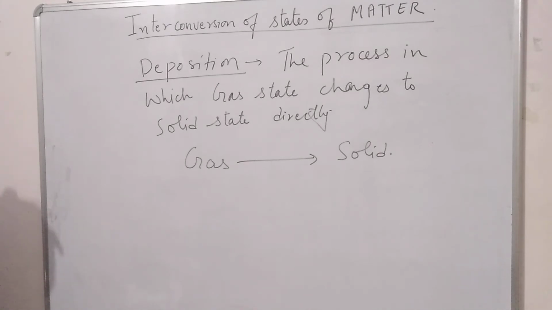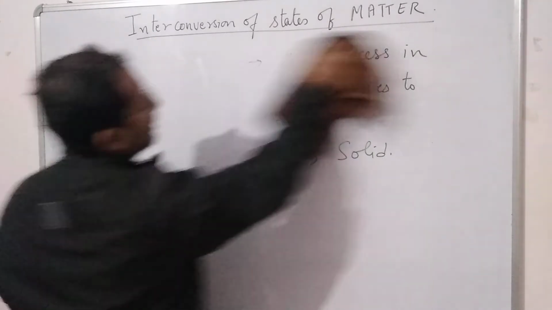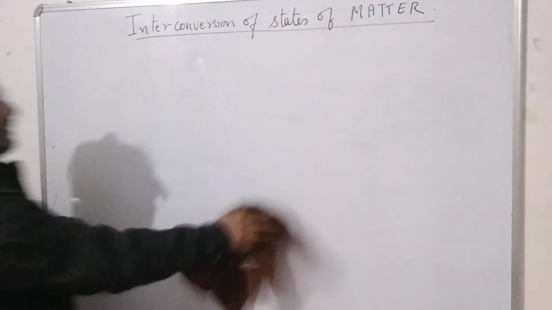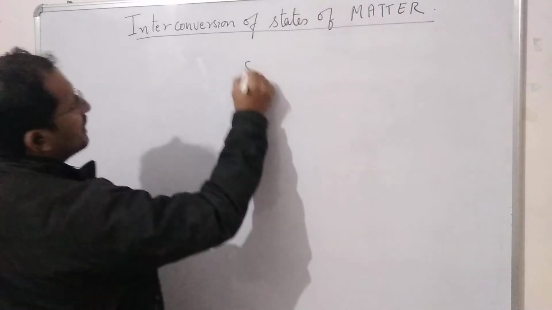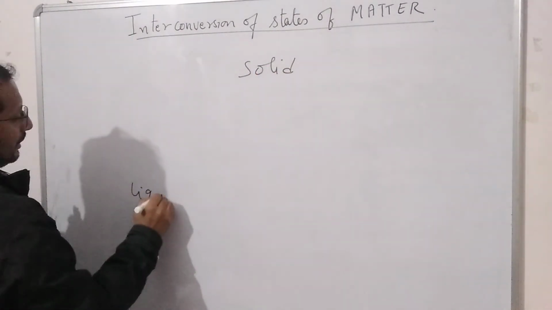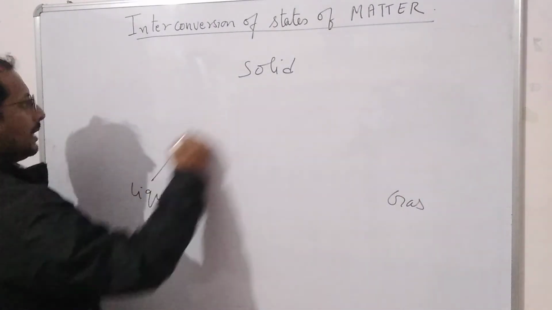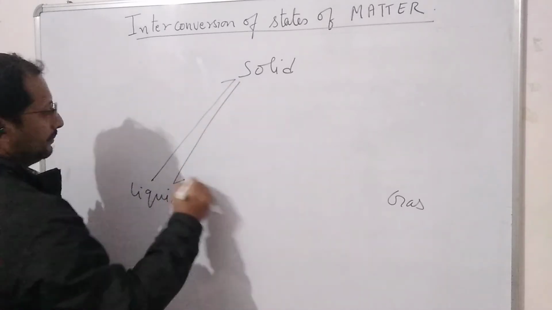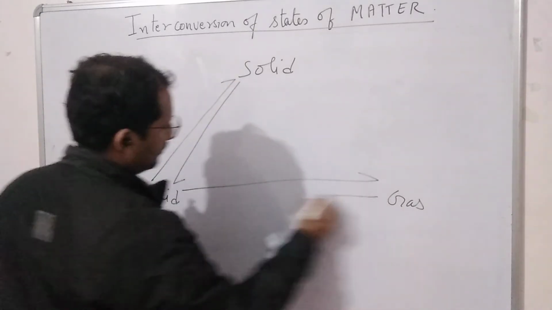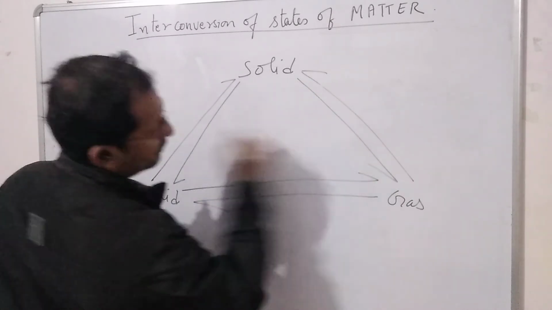So these are the interconversion of states of matter which you all have studied. Now let us complete the chart. Consider the chart again: solid, liquid and gas, and I put arrows here.